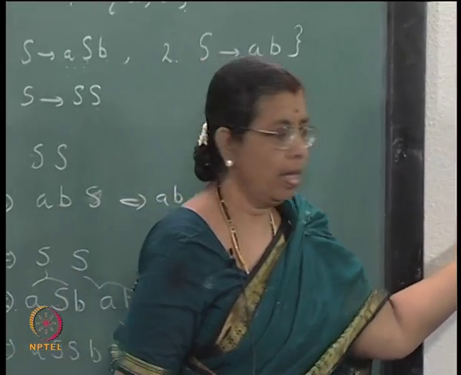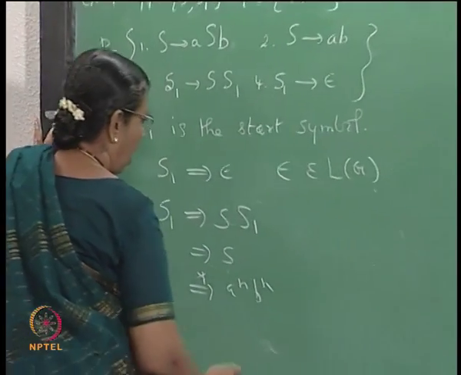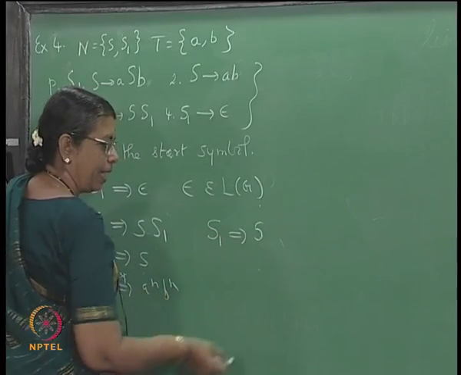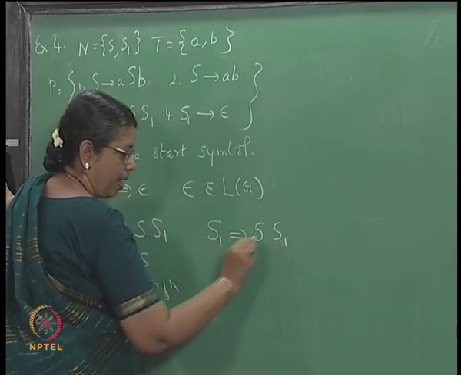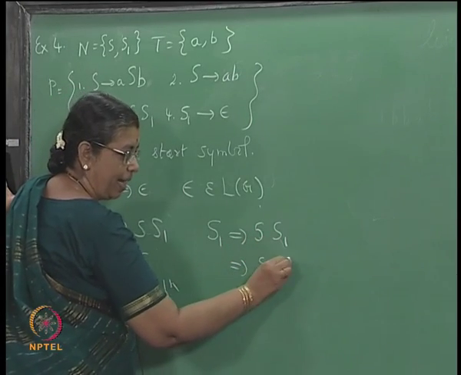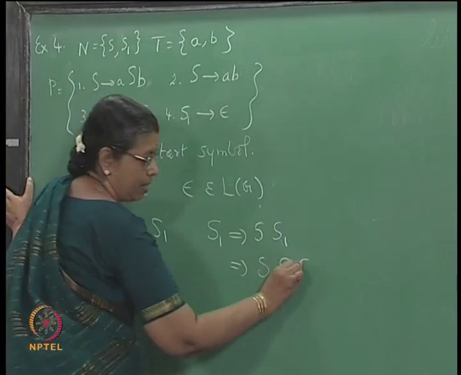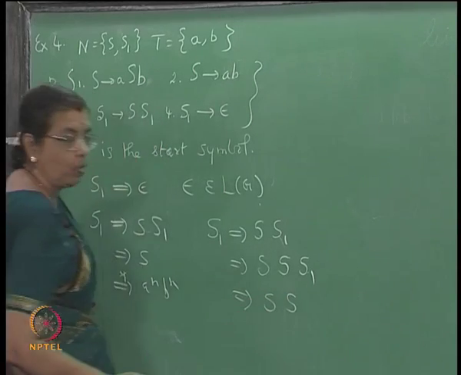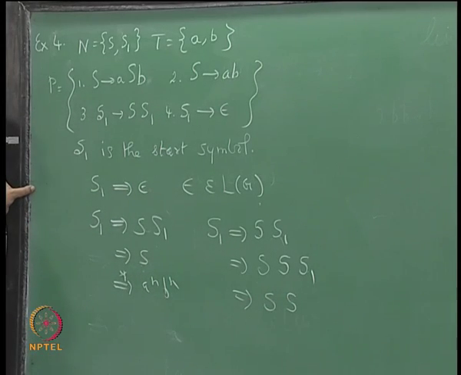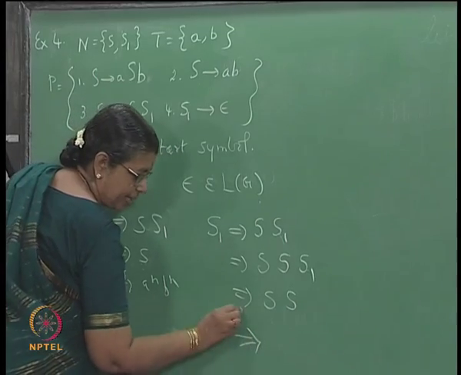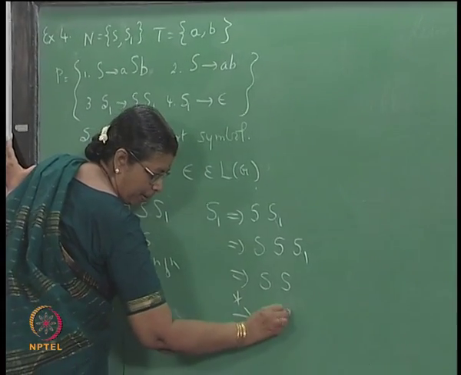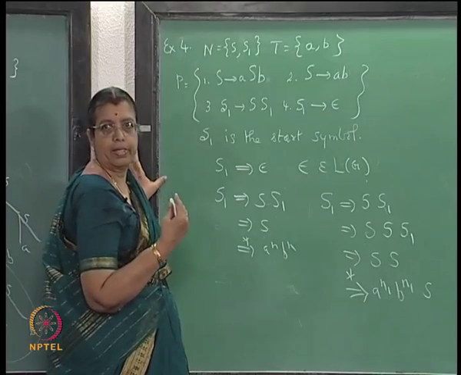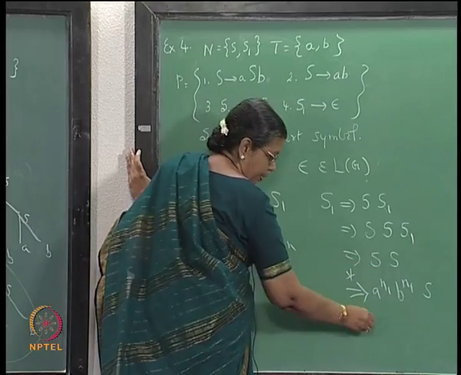Okay. Or start with S1, S1 S I can have, and again from this S1 another S I can generate. Then I can make this S1 go to epsilon. So, now 2 S's I have. From one of the S's I generate A power n1, B power n1 by the usual method, by many steps.